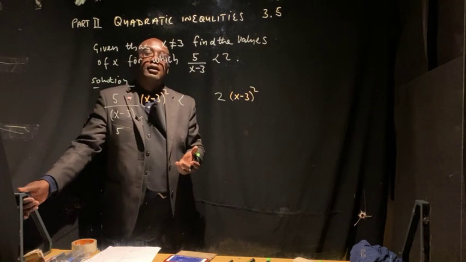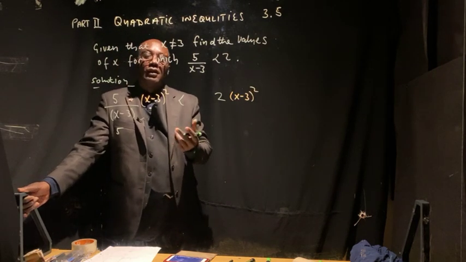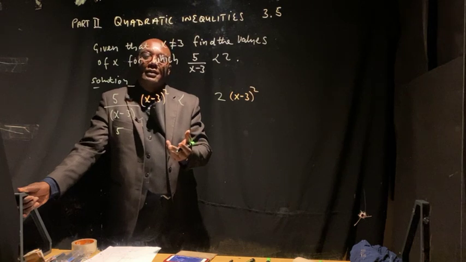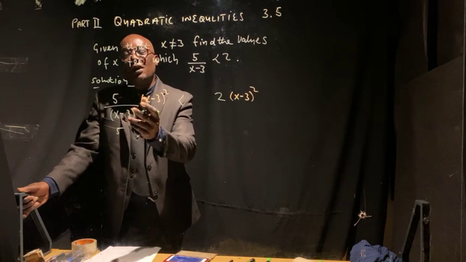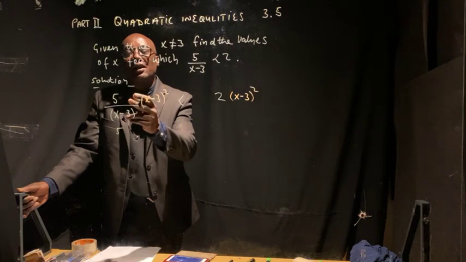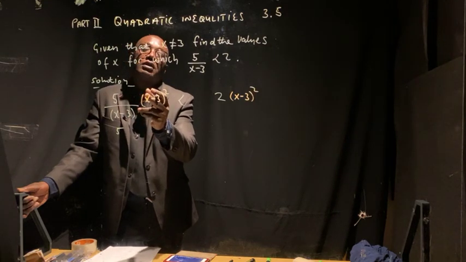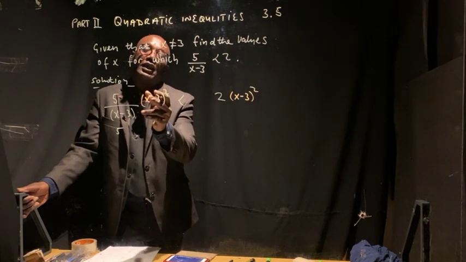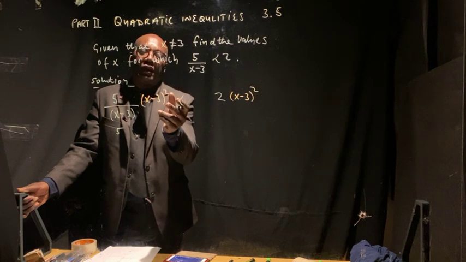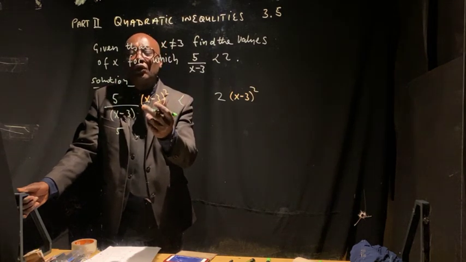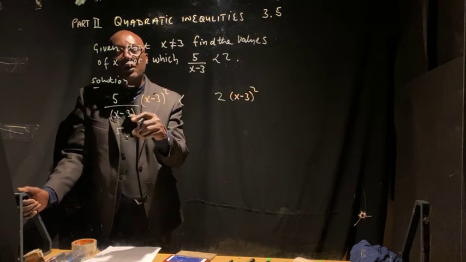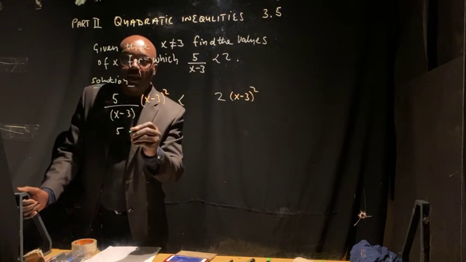So we have 5. Maybe I think at this time you are mature, that you can know that using indices, this one becomes 5 multiplied by x minus 3. I know that you should know, but if you don't know, let me take the time to do systematic work.